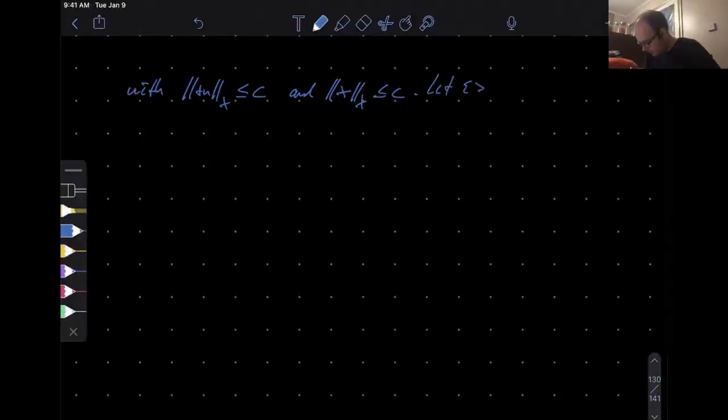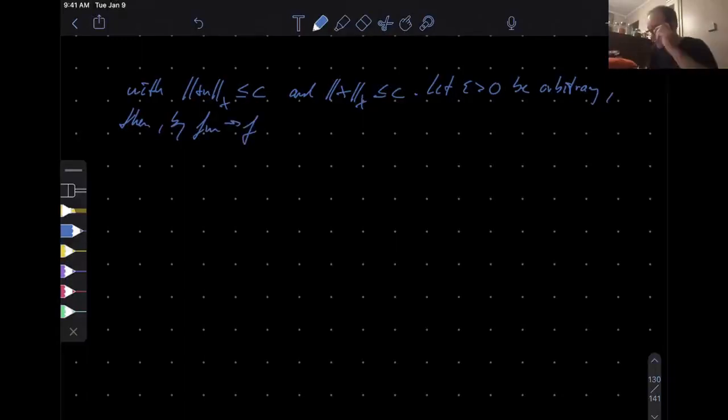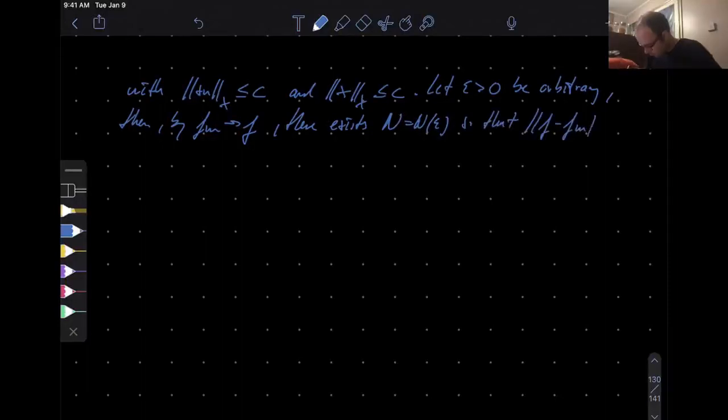Now, as I said in Word, let epsilon be arbitrary, and then by fm to f there exists a capital N which depends on epsilon, so that in operator norm this here gets small. Then here's some cosmetic surgery, not epsilon but epsilon over 3c.